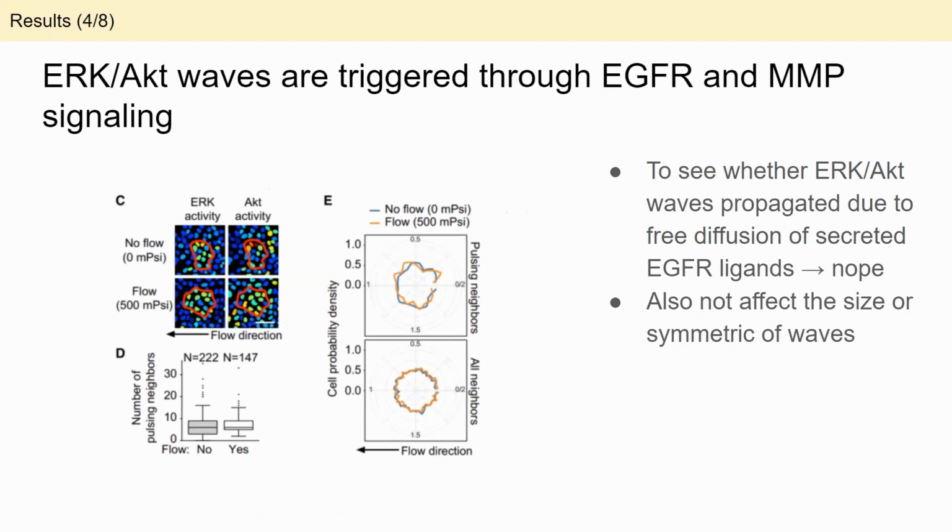Okay, so they also try to see whether it is just because of the EGFR ligands, that wherever there is the presence of this EGFR ligand, there might be ERK or AKT activity. So they compare two things. One is that they constantly wash away the ligands, or without the water flow, which means that the ligand is cumulatively building up at the cell there.